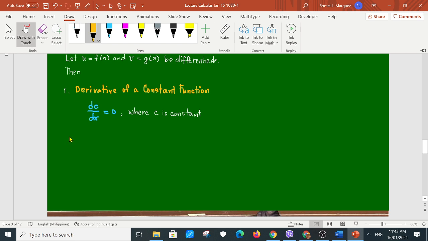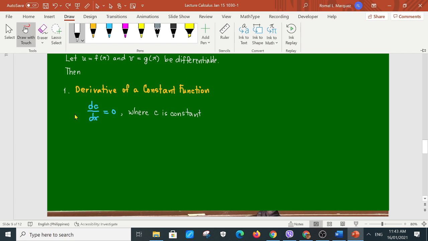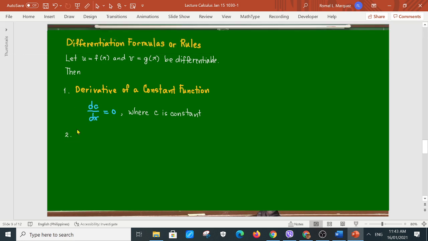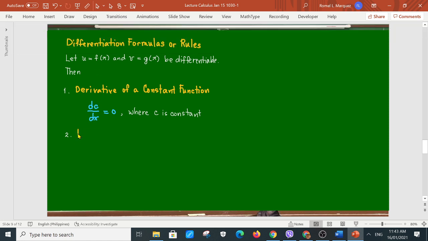Number 2. Let's write all the formulas. Number 2, the derivative of a simple power function.